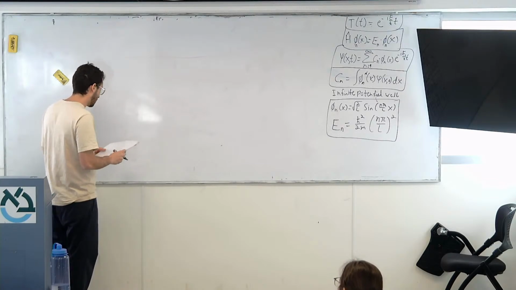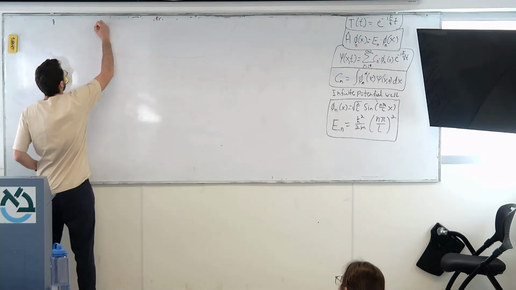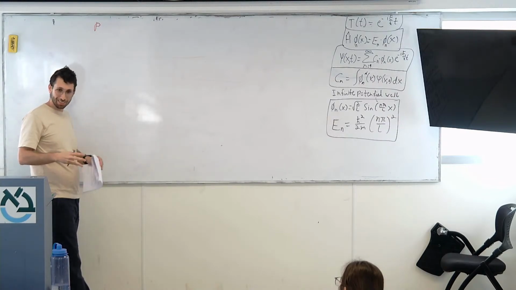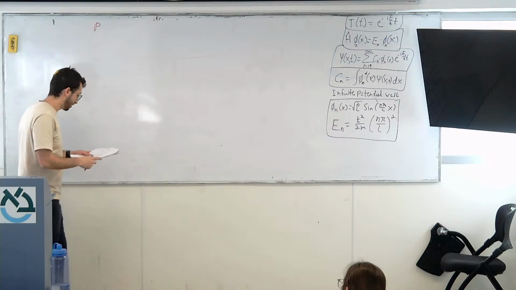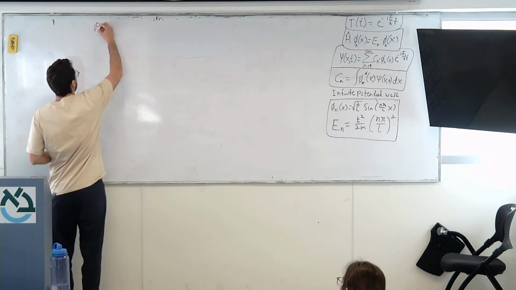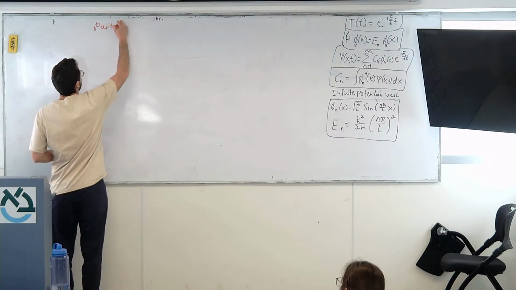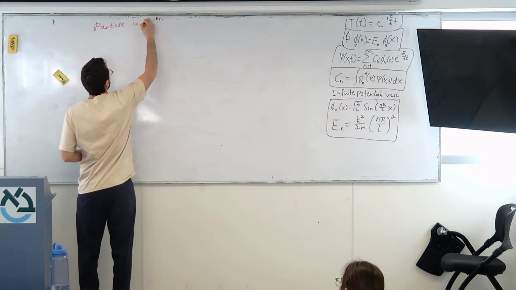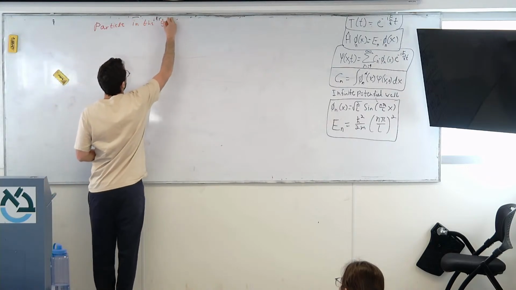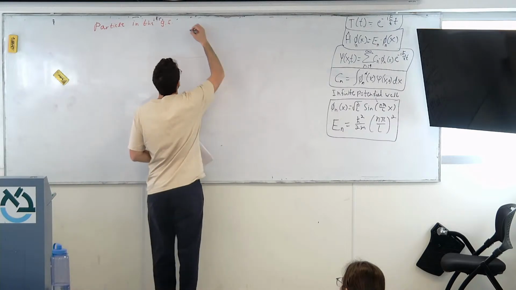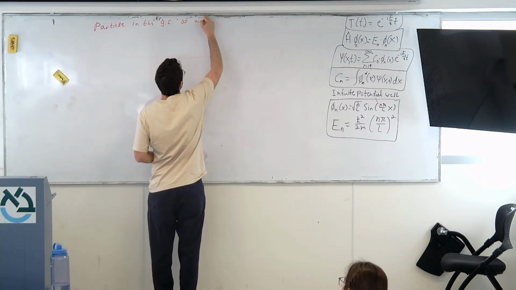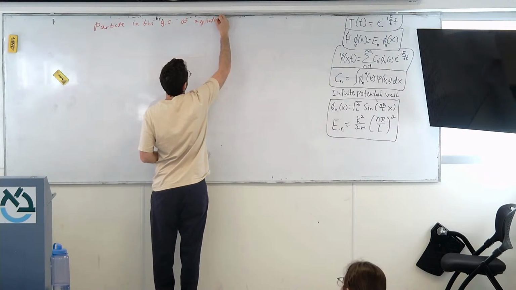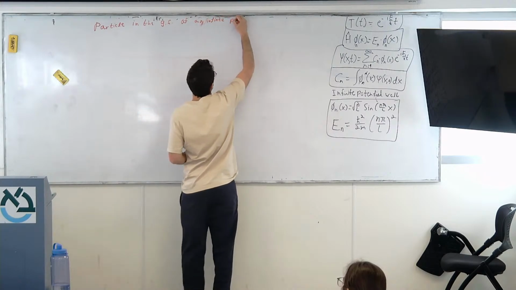So let's assume we have a particle in the ground state. Let's give a few words to get more familiar with words and not only mathematical tricks. Let's say we have some particle in the ground state of an infinite potential.